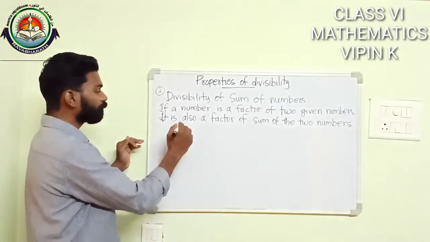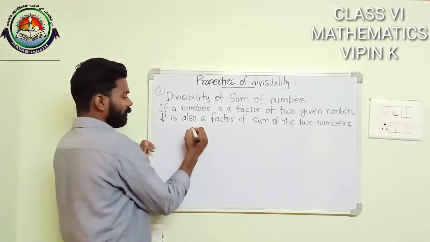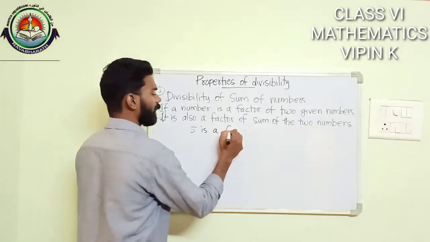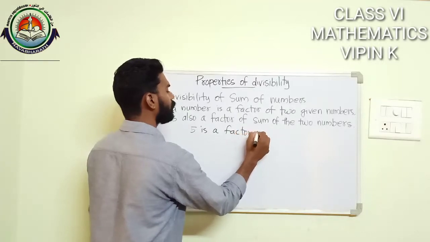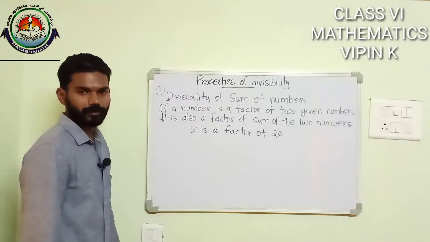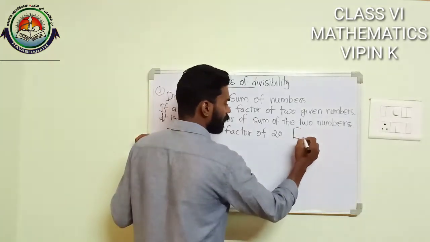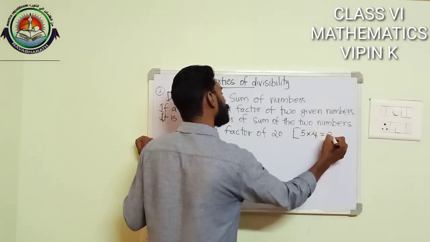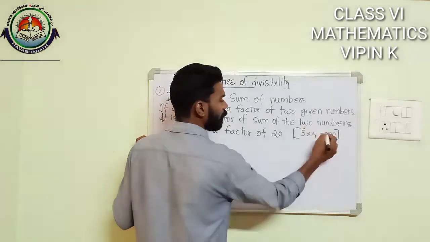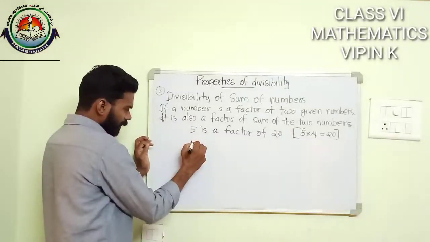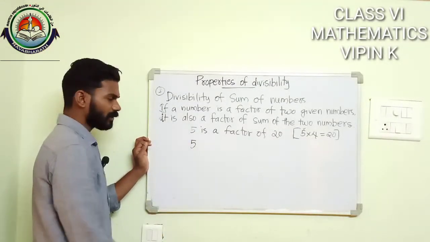Okay, so 5 is a factor of 20. You know that 5 is a factor of 20. Why? Because we can write 5 into 4 equals 20. Now I am taking another example, which is 5.